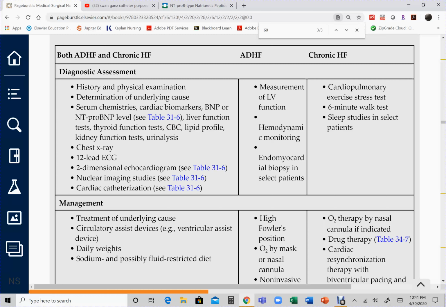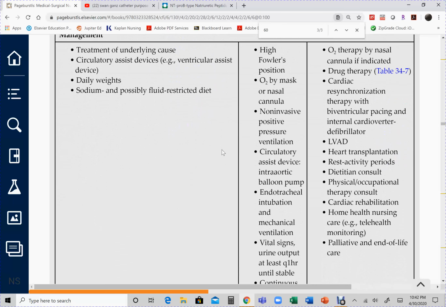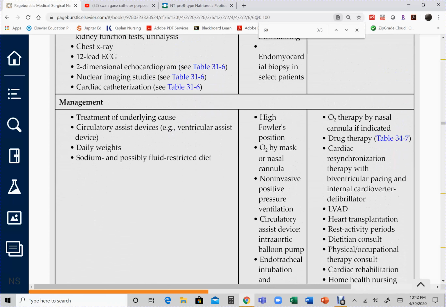So BNP, of course, will be drawn along with cardiac enzymes, troponin, TNI, CKMB, thyroid, because it could be a thyroid storm, and lipid profile, kidney function tests, etc. We'll discuss treatment in detail shortly.